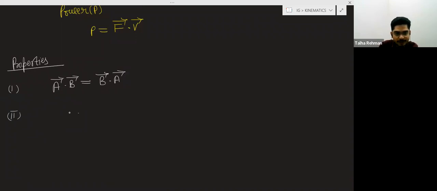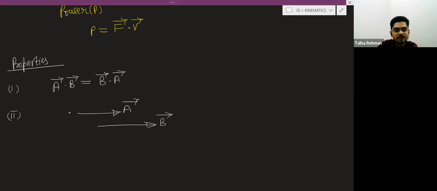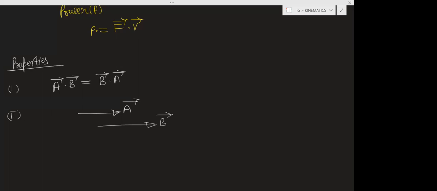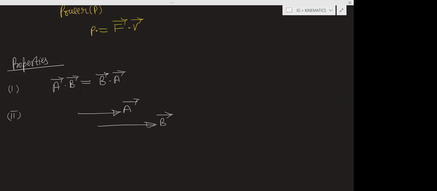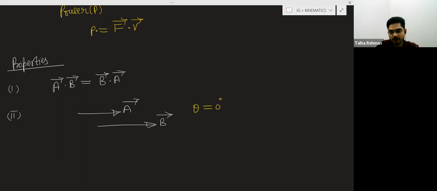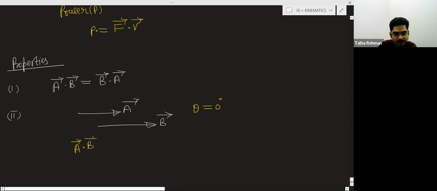Suppose two vectors are parallel. This is A vector. Suppose this is the B vector. Parallel vectors. What is the angle between the parallel vectors? Zero, right? Because it's straight. Zero degree. So if you want to find the dot product of parallel vectors, that is A vector, B vector, what is the formula of the dot product?